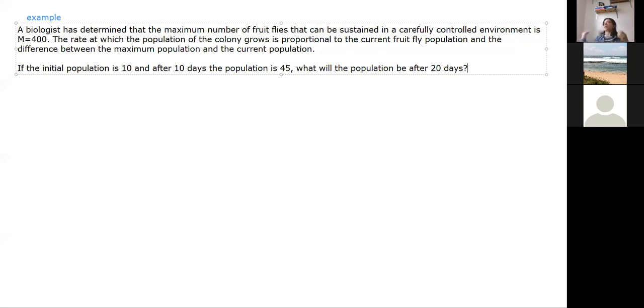Okay, so you have 5 minutes to start setting up the problem and start solving the equation. If you have any questions, you can either write them through the chat or just unmute yourself and ask them.